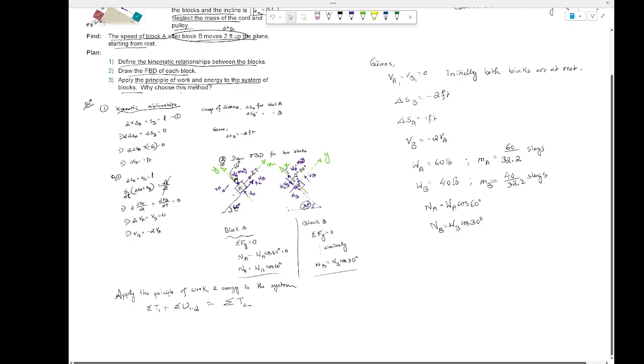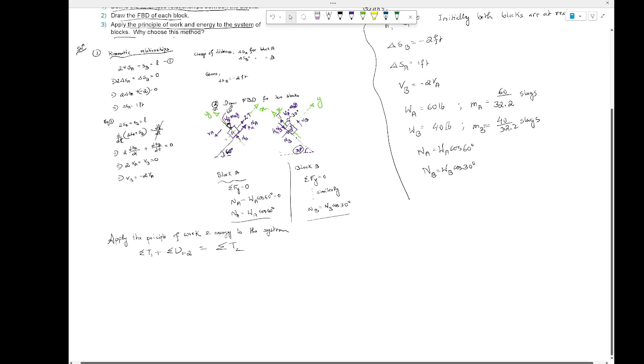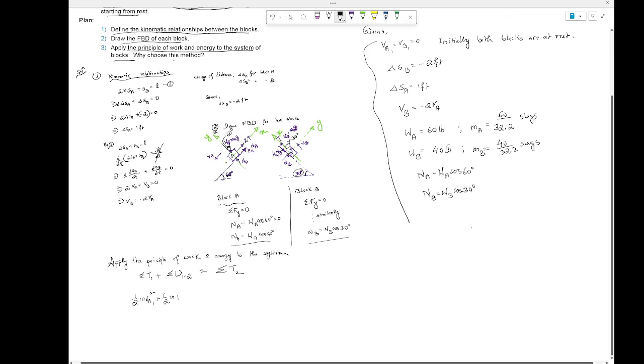Okay, now that you know all these things, you are ready to deal with this problem. So obviously you have half of m_A v_A1 square plus half of m_B v_B1 square.